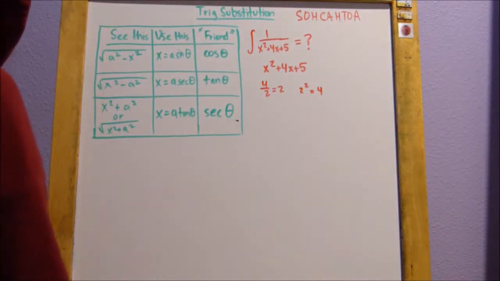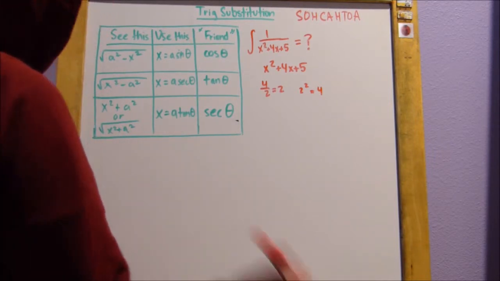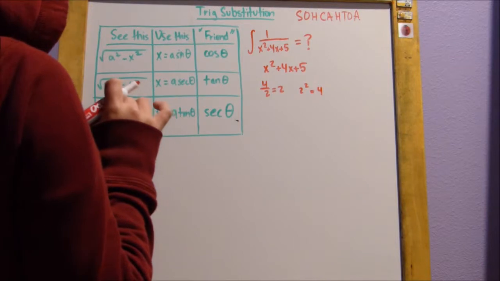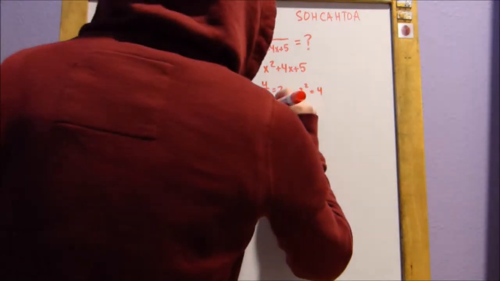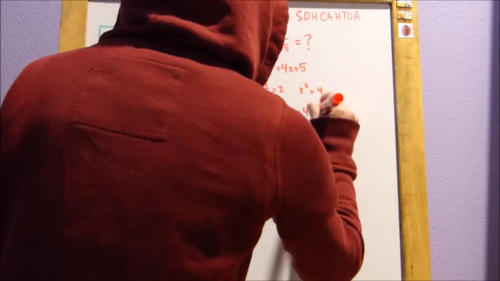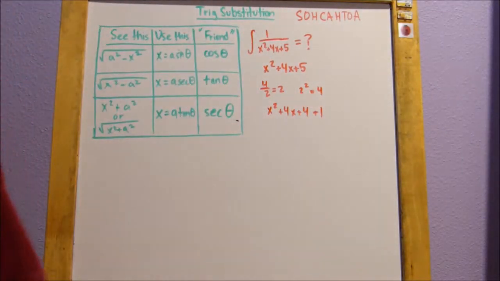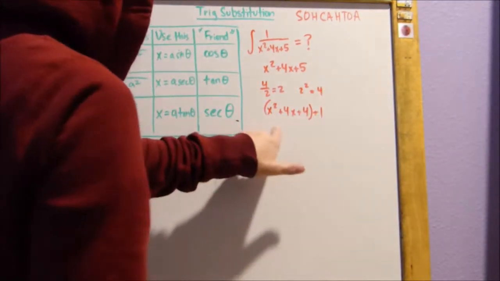The video I have on completing the square is a little bit different, but I find this one easier because there's no blanks you have to fill in. It's a little bit easier to handle. So what we can do is we can rewrite this as x squared plus 4x plus 4 plus 1, right? We can write this in parentheses, because this is going to be a perfect square.